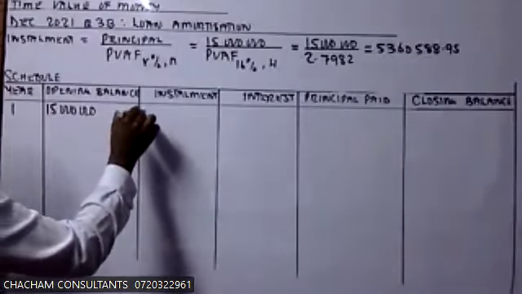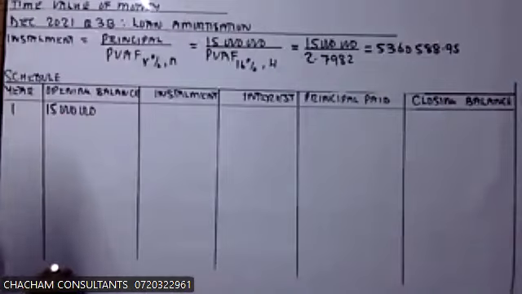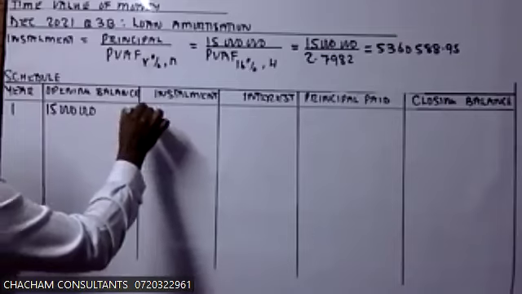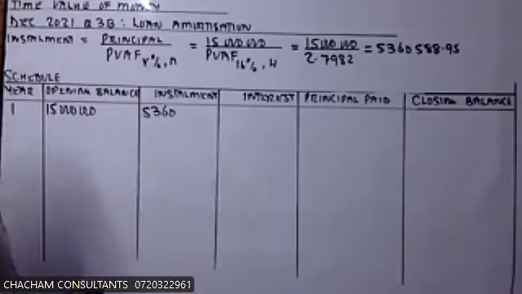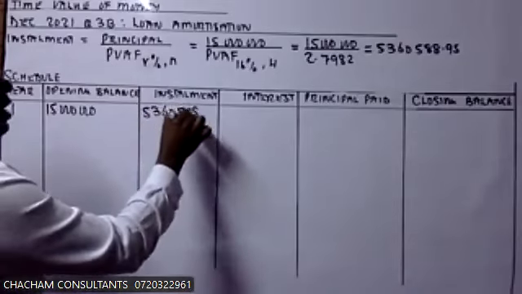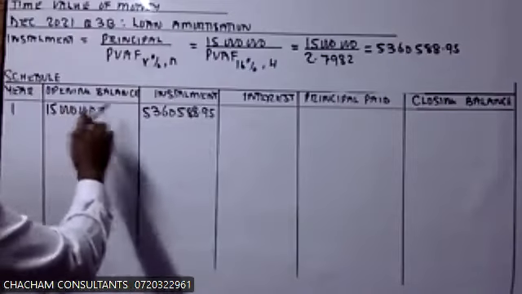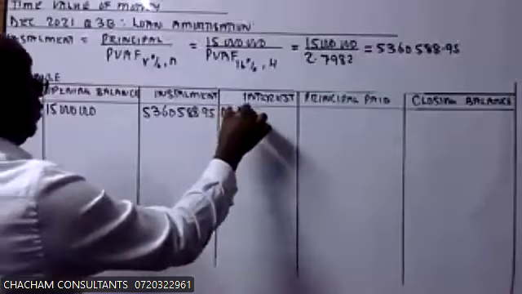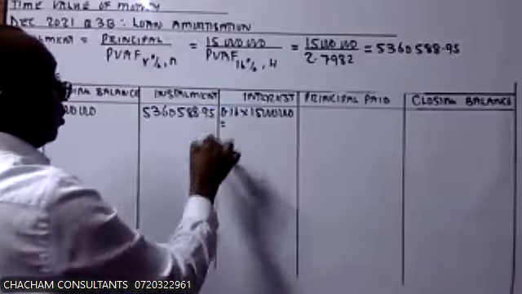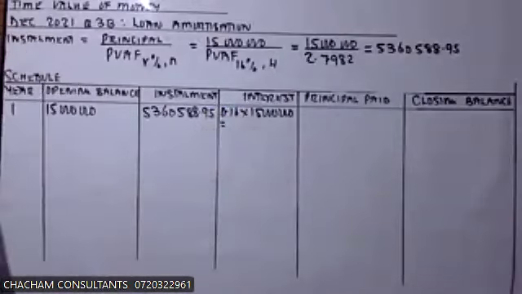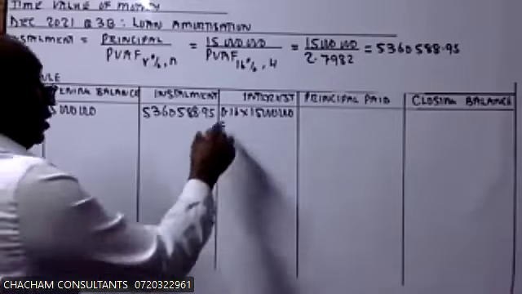The installment is 5,360,588.95. For the interest, you take 16% of the 15 million, which is 2,400,000.